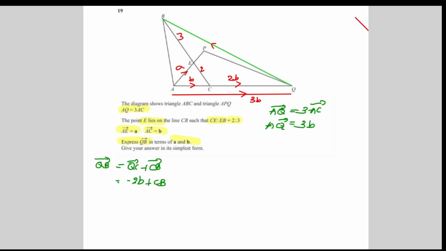For this, we've been given information. Let's use it. We've been given CE to EB equals 2 to 3. When a ratio is given like this, we can write it as a fraction. CE over EB can be written as 2 over 3.